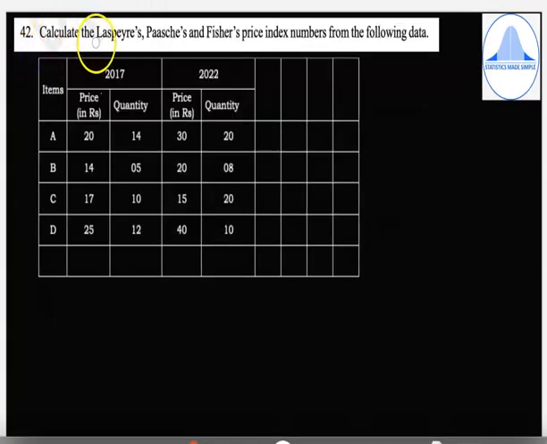42nd question, calculate the Laspeyres, Paasche's and Fisher's price index numbers from the following data. Items are A, B, C, D. 2017 is the base year and 2022 is the current year. The price in the base year is marked as P0 and the quantity in the base year is marked as Q0.